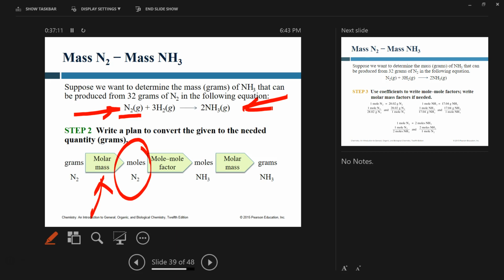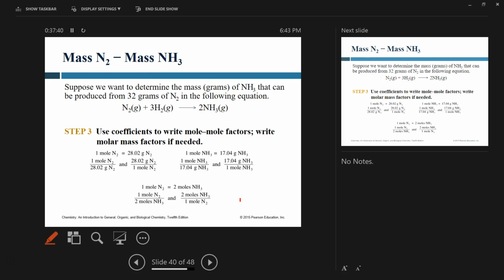Yes, it's twice as much. 1 mole of nitrogen will give you 2 moles of ammonia. Does that make sense? And once we know how many moles of ammonia are produced, we can find its mass using its molar mass. So these are the steps.